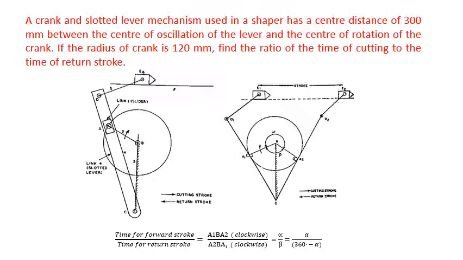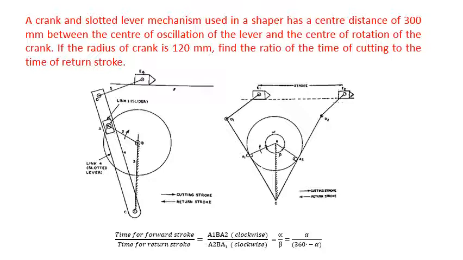First of all, we need to understand what the crank and slotted lever mechanism is. In the last lecture I explained quick return motion mechanisms. We have three types: Whitworth quick return motion mechanism, drag link mechanism, and crank and slotted lever mechanism. Why is it called crank and slotted lever mechanism? We have a crank over here, link number 2, which is rotating in a clockwise direction, and CD acts as the slotted lever.